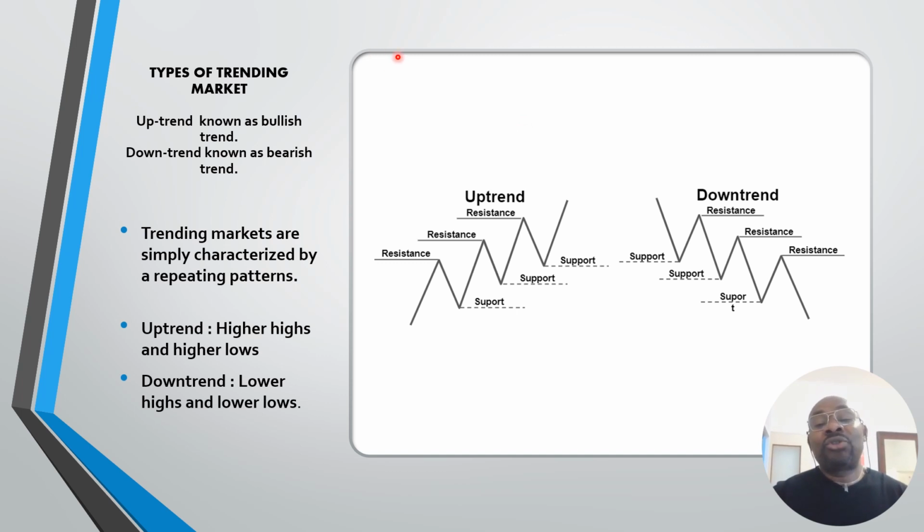Then a downtrend starts from the up top side to the lower right side. It's like this. So the downtrend now, this is an impulsive move. This is retracement. Impulsive move, retracement, impulsive move, retracement, impulsive move.